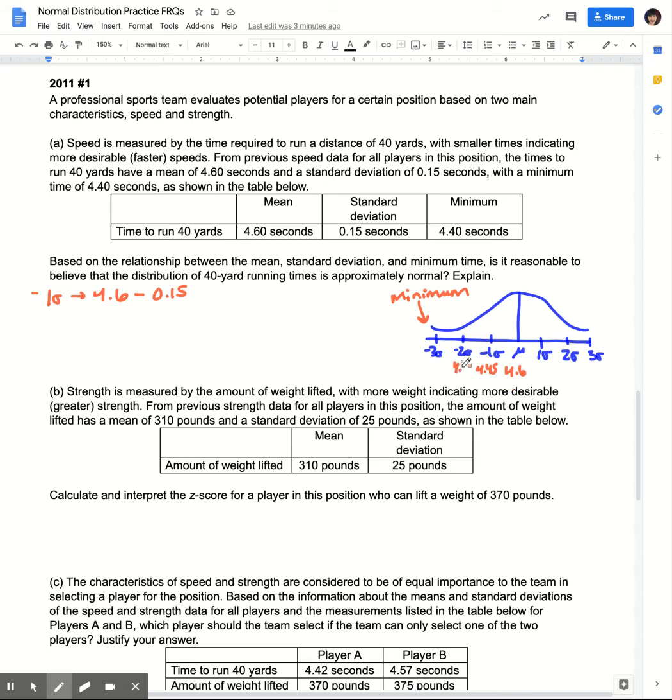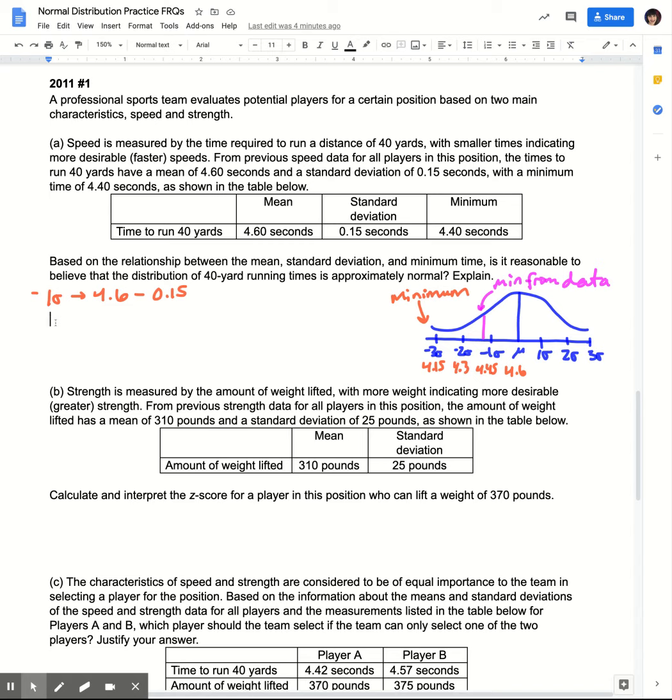Then 2 standard deviations away would be 4.3, and then you have 4.15 here. Now, in this example, the actual minimum is 4.4, so it's right here. From that, we can say no, it's probably not normally distributed, because the minimum doesn't show up where it's supposed to.